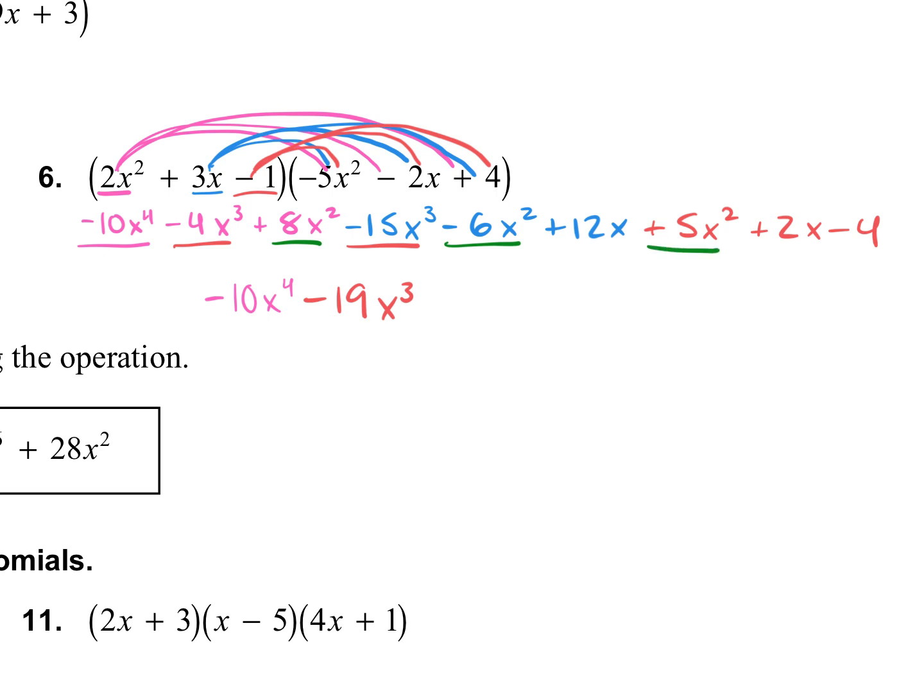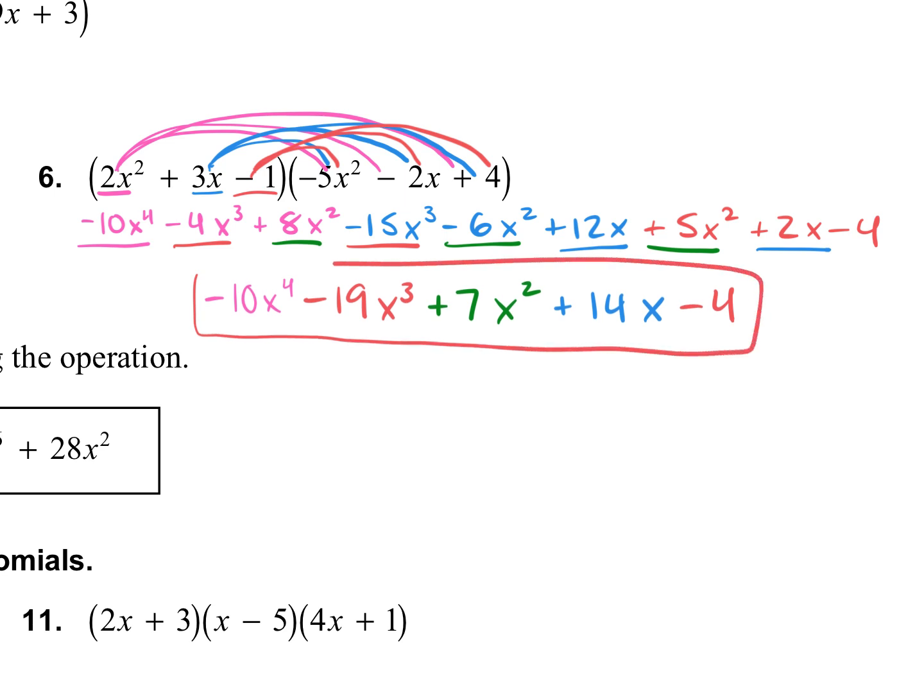Well, what's 8 minus 6? 2, and 2 plus 5? 7, so plus 7x squared. Then 12x plus 2x, 14x minus 4. So this would be our answer.